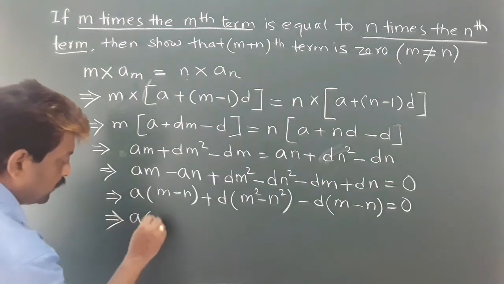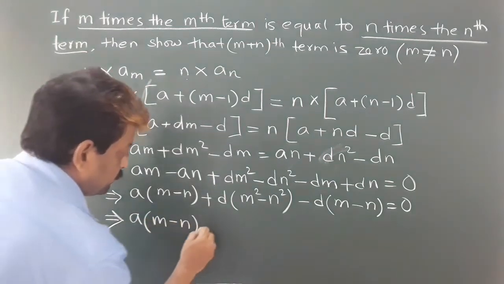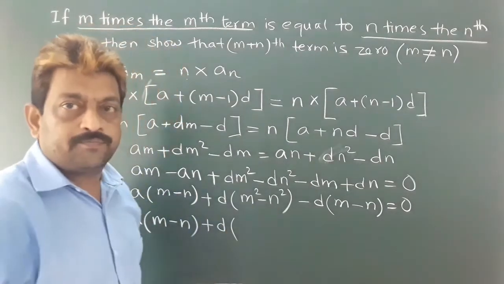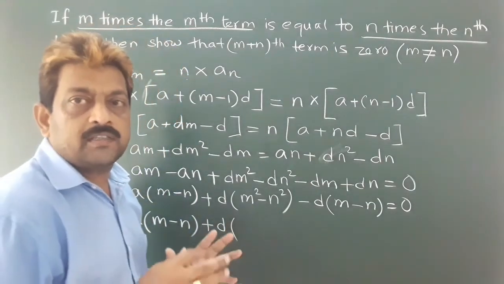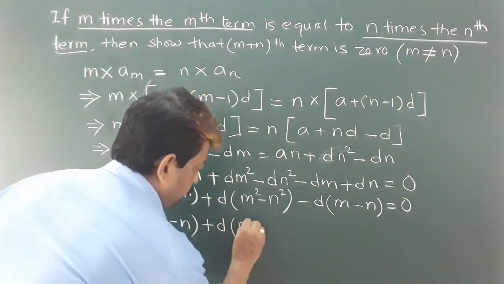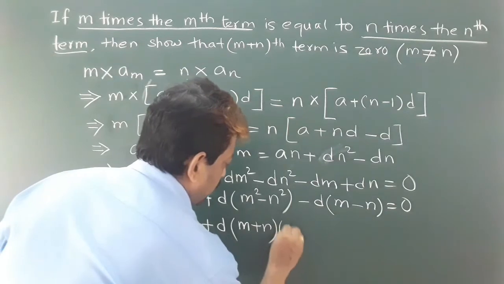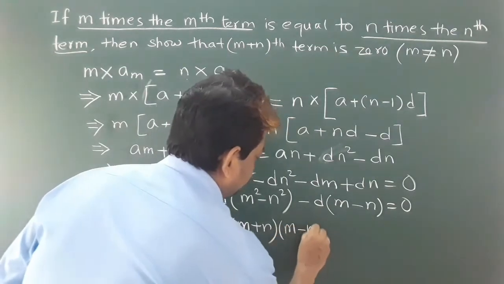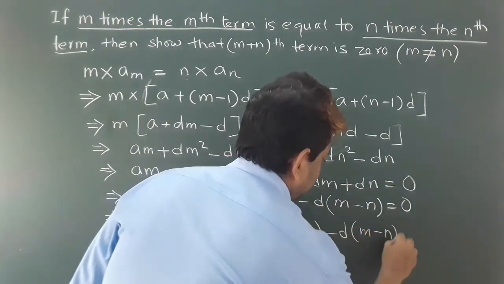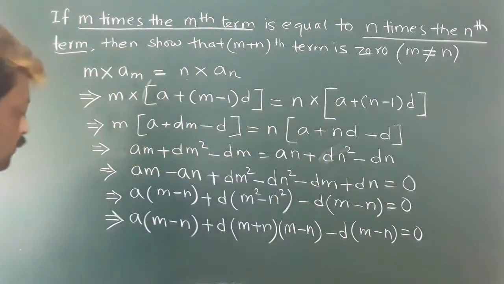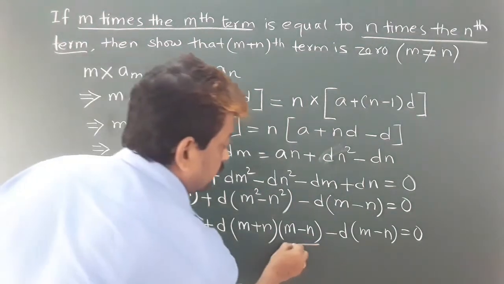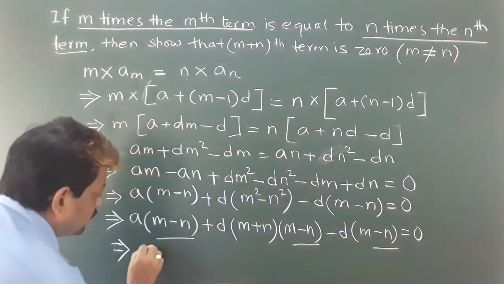So (m minus n) plus d, this is m square minus n square, so it is (m plus n) multiplied with (m minus n), (m plus n)(m minus n), minus d(m minus n) equals 0. Now see, in all these terms m minus n is common, so let me take m minus n common.